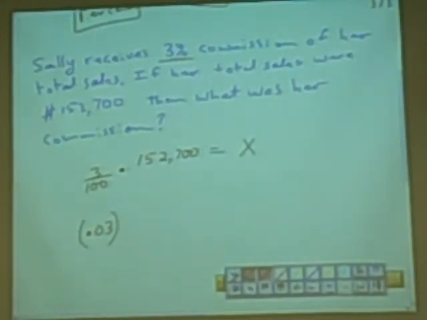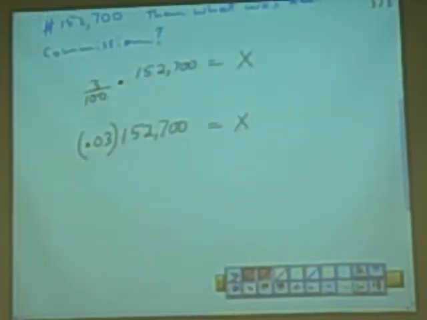Right? Times 152,700. And at this point, if you're working with a decimal here, not a good idea to use a dot for multiplication. So we'll change that to a parentheses. Okay, so 0.03 times 152,700.